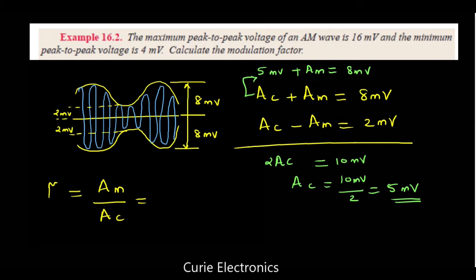So AM equals 8 minus 5, that is 3 millivolt. Right, 3 millivolt we got. Now we just put the values in the formula. AM is 3 millivolt upon 5 millivolt, so 3 by 5, which is 0.6. 0.6 is the modulation factor or modulation index. So it is very simple.